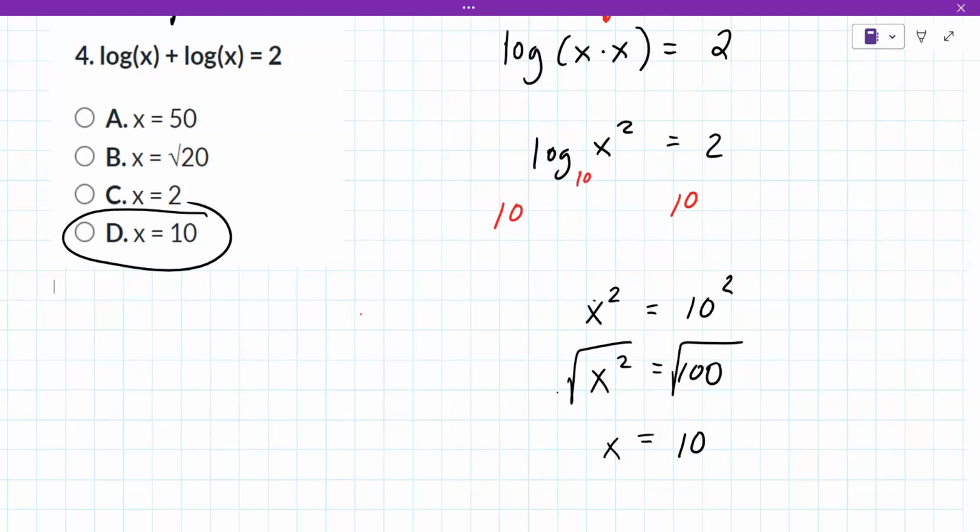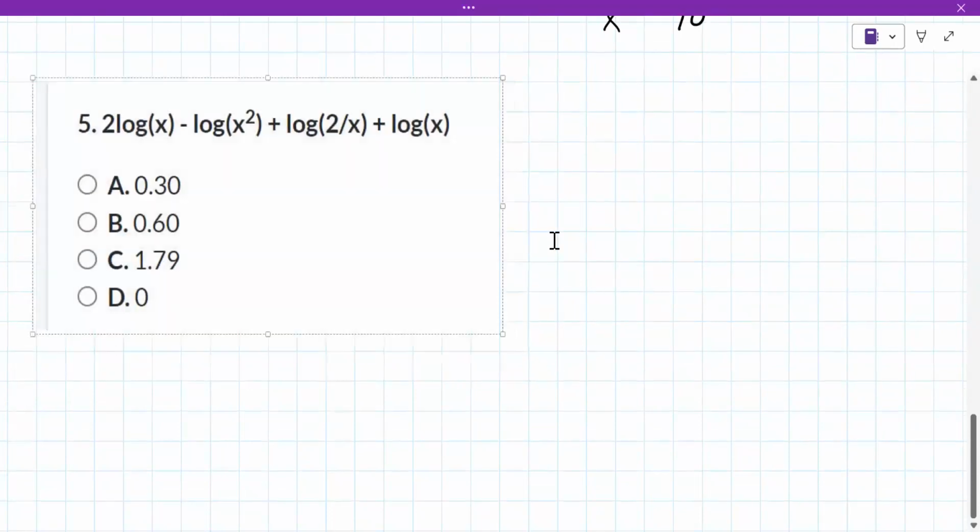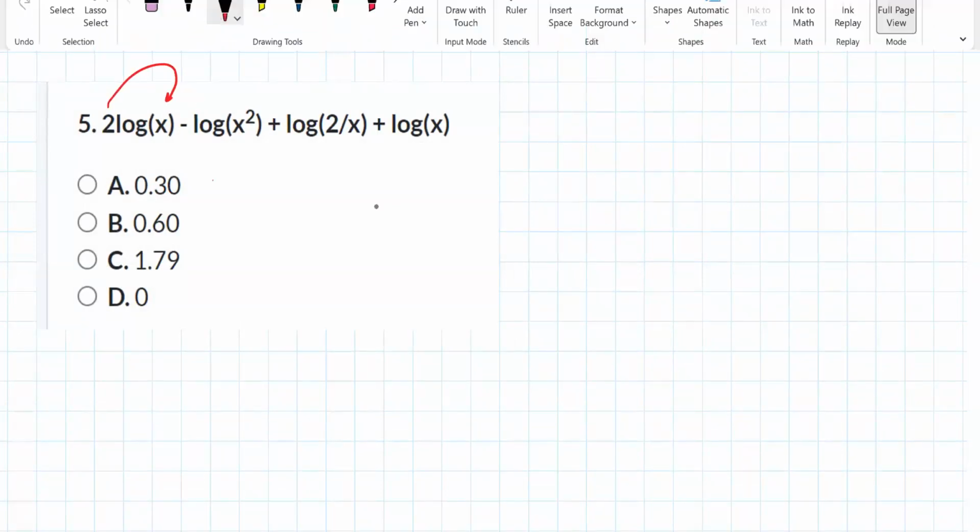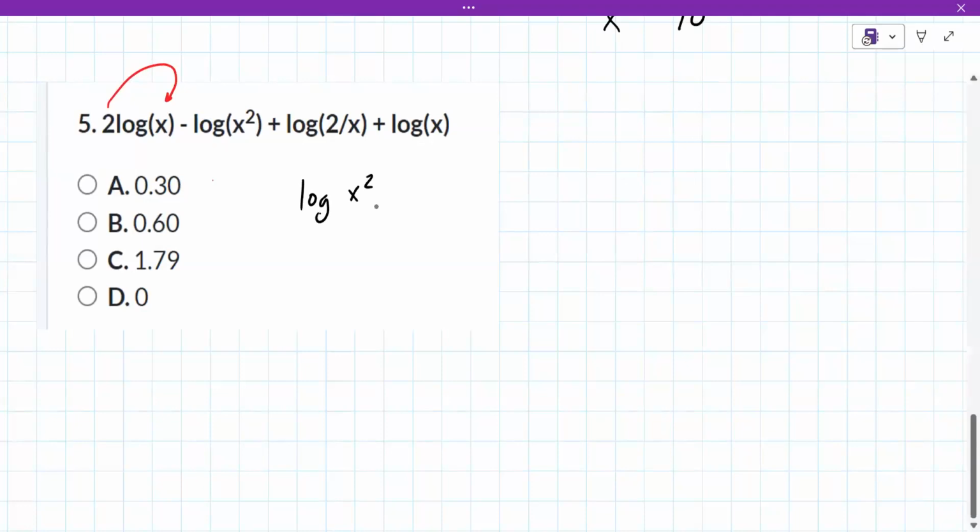All right, so they're getting just a tiny bit more complicated. Okay, so first thing in this problem is to take the exponent and put it in front. So that becomes log x squared minus log x squared plus log 2 over x plus log x.